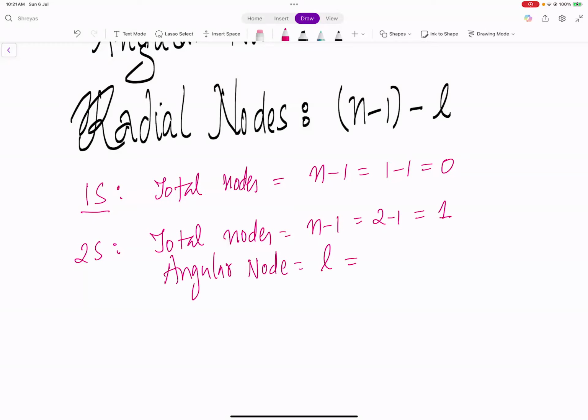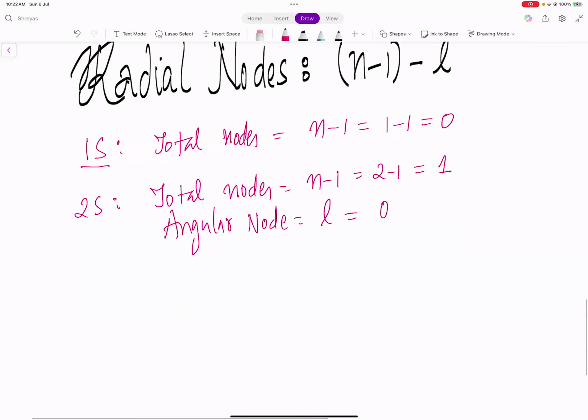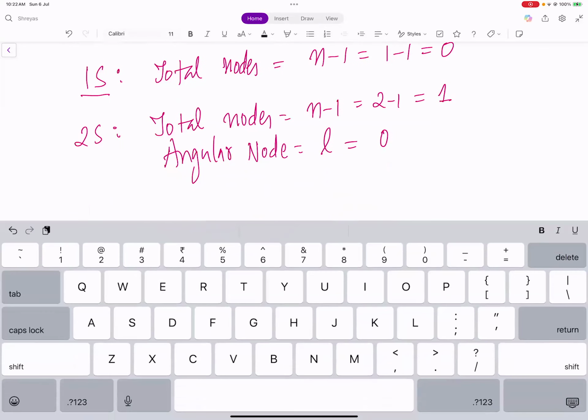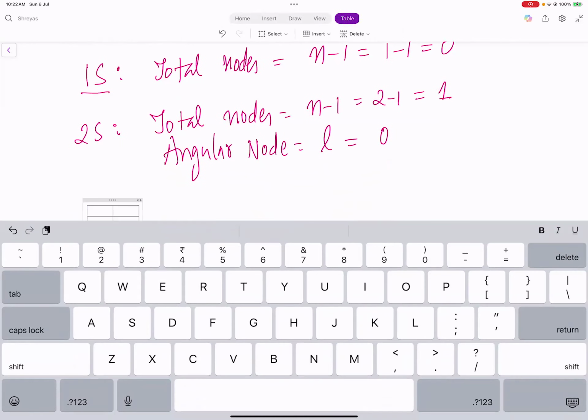We could have made a table here, but now I'm so scared. Yes, but I think we should not be scared. Let's try a table again. And how do we make a table? Oh, yes. I put this here, then they give me the table option. And then, okay, orbital, total, angular, and radial. 4 we need, right?